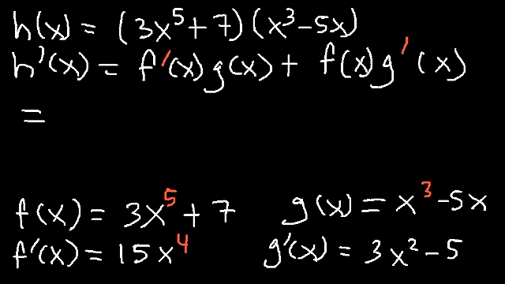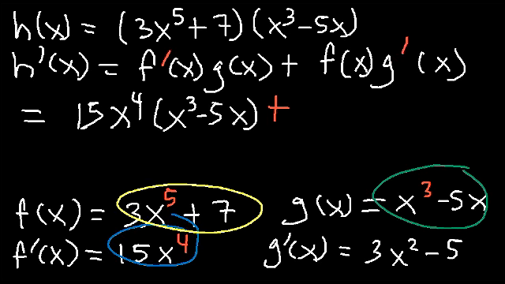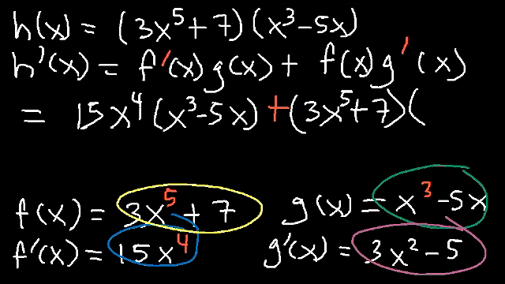So f prime, that's 15x to the fourth, times g of x, which is x cubed minus 5x, and then plus f of x, which is 3x to the fifth plus 7, times g prime of x, which is 3x squared minus 5.